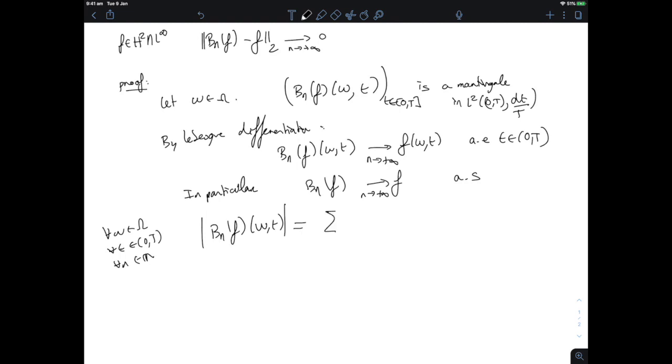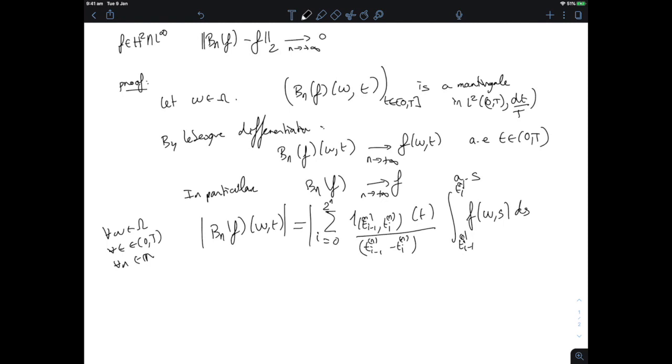It is the sum of indicator functions of t_{i-1} to t_i, that's scale n of t, divided by the length of this interval, which is just 2 to the minus n, and then times the integral from t_{i-1} to t_i of F of omega, s ds. And this sum runs from 0 to 2 to the n.